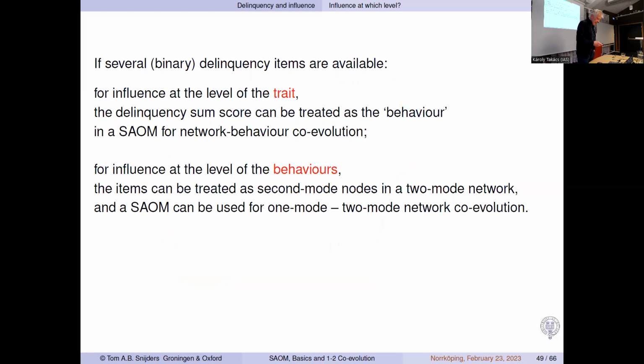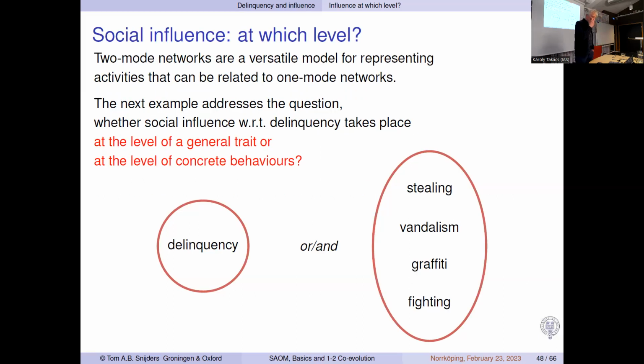But they are representative of norm-breaking, say delinquency. Let's call that delinquency. So is the social influence from friends on the basis of the general tendency toward norm-breaking, or on the level of individual behaviors?